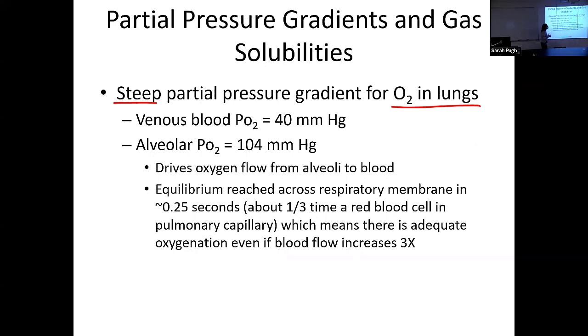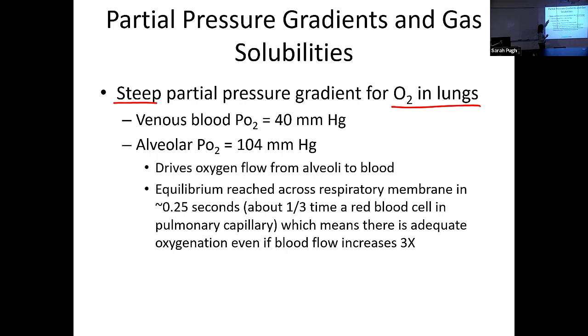The partial pressure gradient is truly the pressure difference between what's in the lungs and what's in the bloodstream. Okay, just like we talked about when you breathe in and out, it has to do with pressure changes between what's in the atmosphere and in your lungs. Now we're talking about the pressure of these gases in the lungs versus your bloodstream, okay? And that's going to drive the flow of these gases.